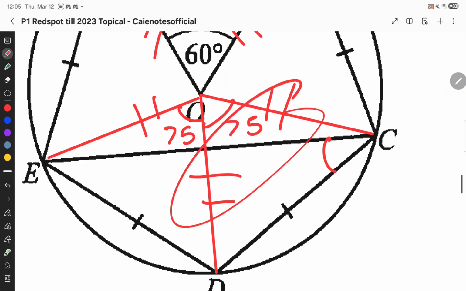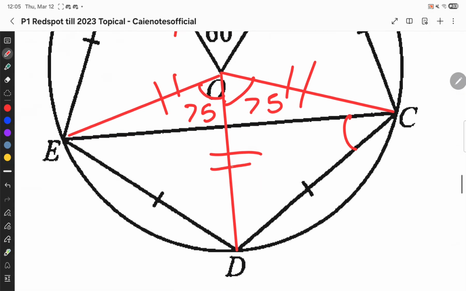Now this is isosceles, so we find one of these angles over here, which is 180 minus 75 is 105, divide by 2, which is 105 over 2. But what do we do? This is the same angle as this.